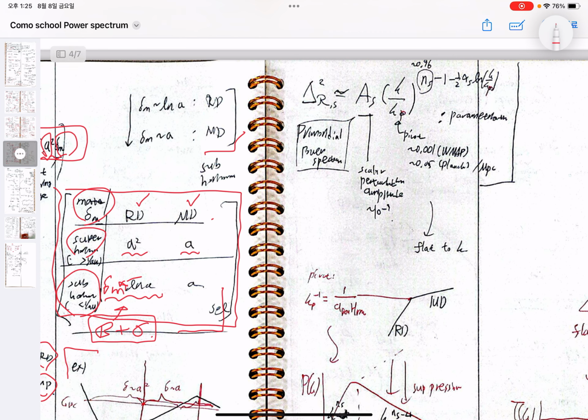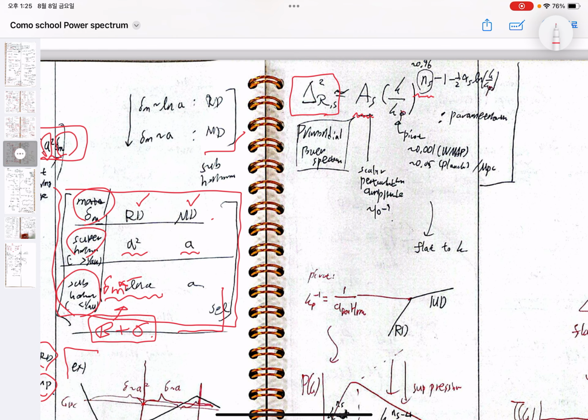So we can parameterize the power spectrum from the inflation with the amplitude A_S and the spectral index n_S to the k. The pivot number can be set to some specific value.